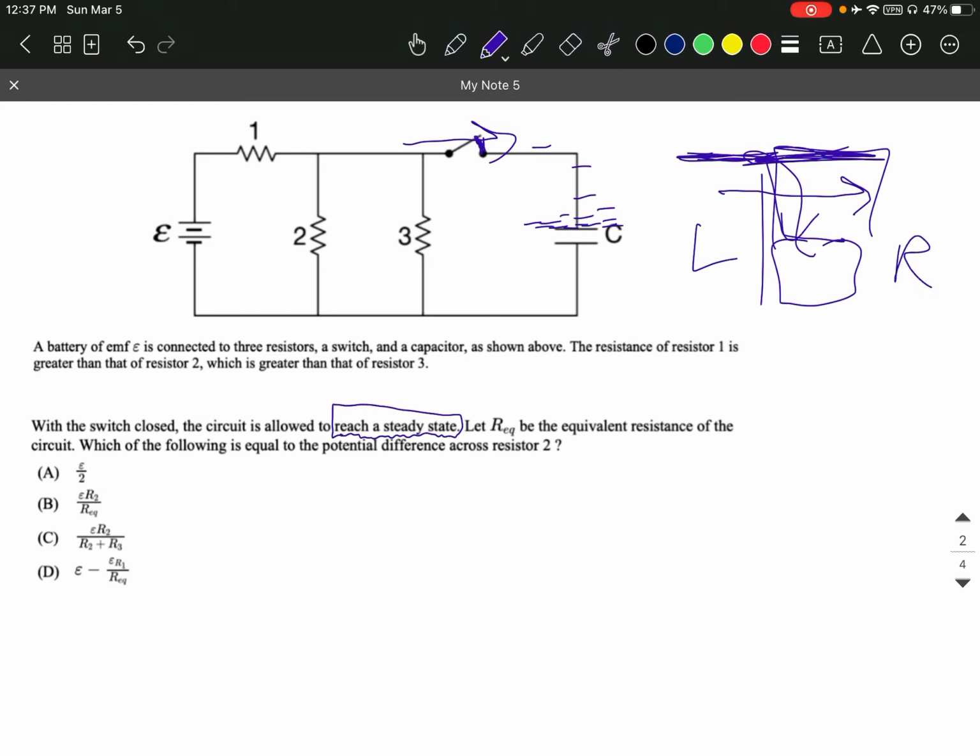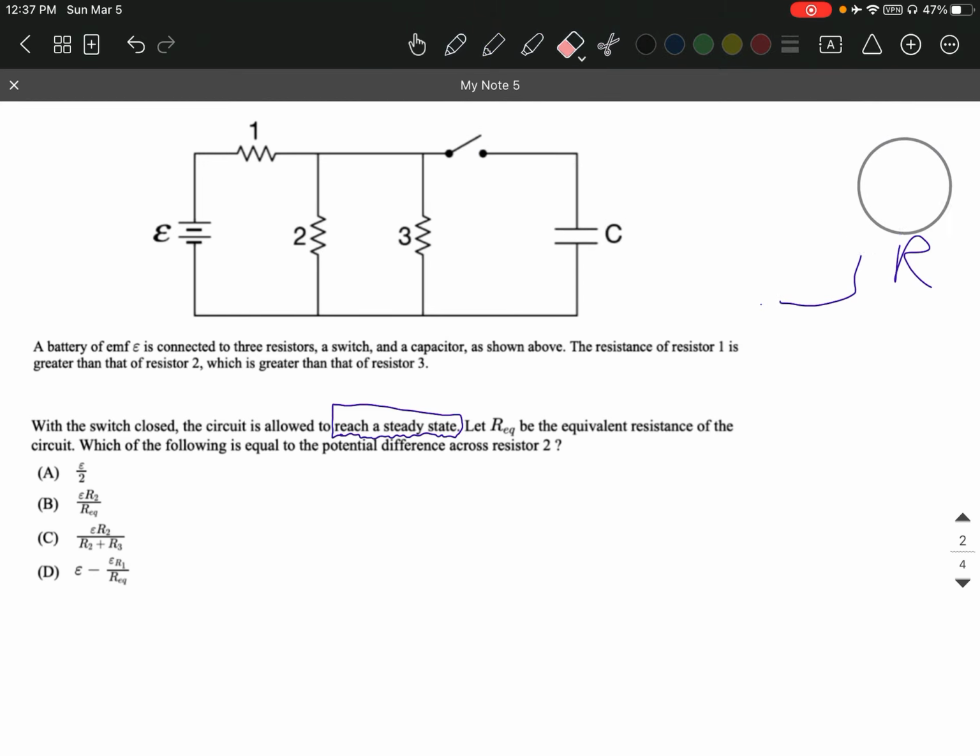So while a capacitor is charging, current will flow. But once it has the same potential as the battery on that side, there will no longer be any more current. So the theory bit is, once it's reached steady state, you can picture this as being resistance infinity.